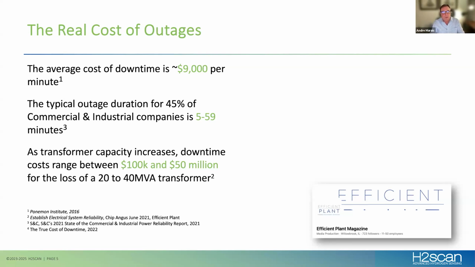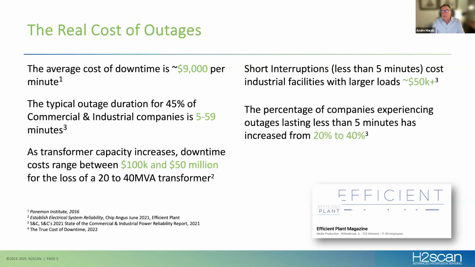I mean, that's the far extreme for the loss of a transformer in the 20 to 40 MVA range. So pretty significant costs. What you also see is that short interruptions, and by that the definition is interruptions less than 5 minutes, cost organizations an average of $50,000.